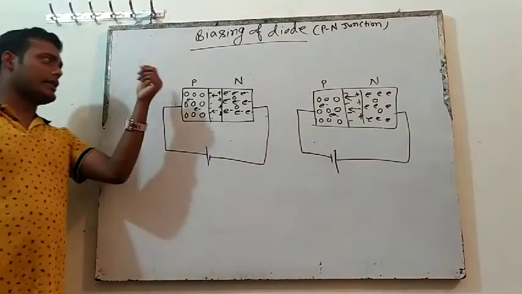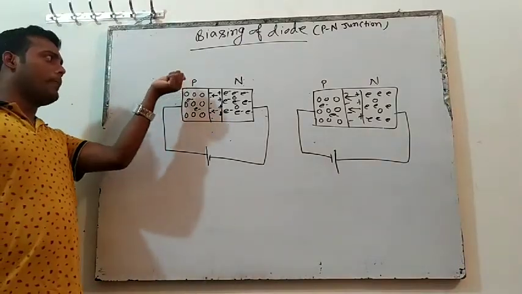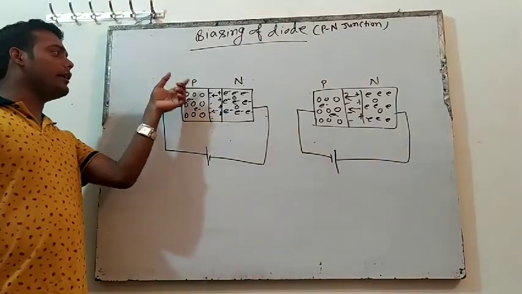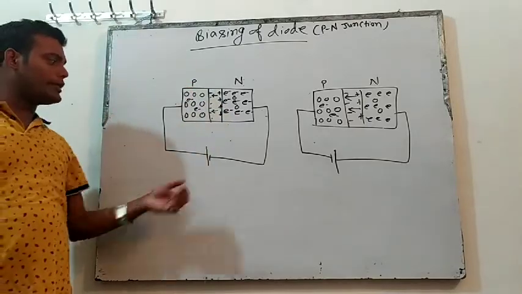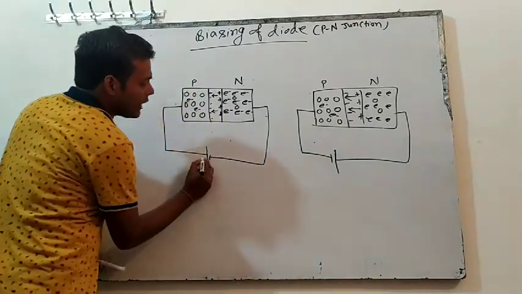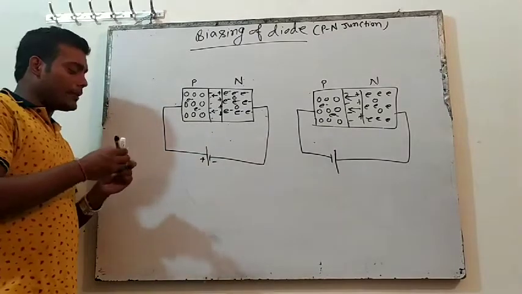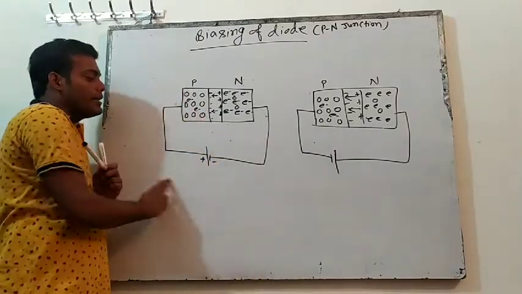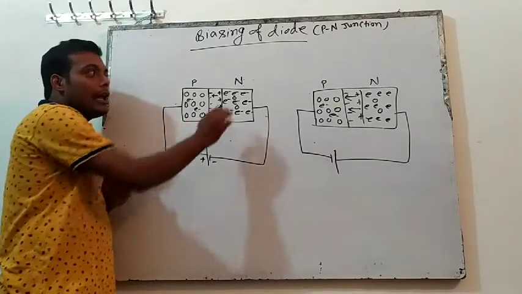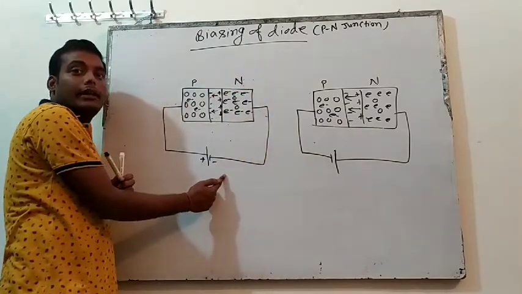What is this combination? Try to understand. Here we are connecting the P side of the PN junction with the positive terminal. The bigger terminal is positive and the smaller terminal is known as negative. So here I am connecting the P side of the PN junction with the positive terminal and the N side with the negative terminal.